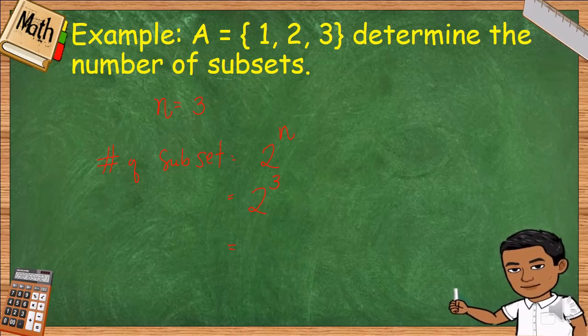We have 8. It means you're going to multiply 2 to itself 3 times. 2 times 2 times 2. And we have 8. 8 subsets. So, na-verify natin na tama yung bilang ng subset dun sa example natin kanina by listing down all the subsets. So, take note of this formula to get the number of subsets of a given set.